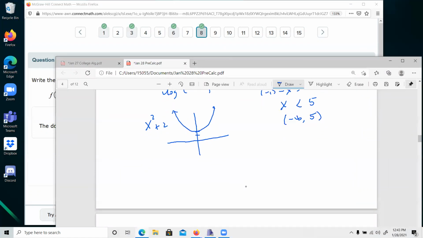Sometimes they give you something like log of, say, a nice easy quadratic to do. How about x squared minus 5x plus 6? We could factor that. It's x minus 2, x minus 3. What's the graph of this thing look like?